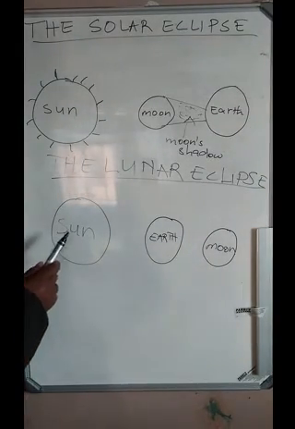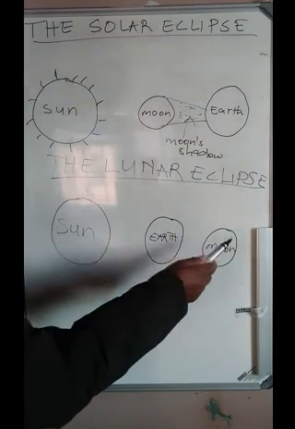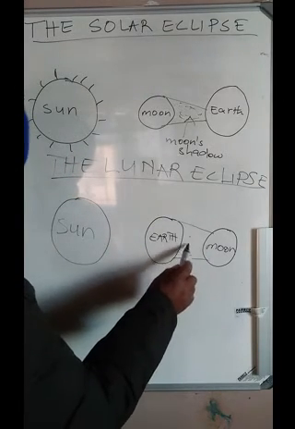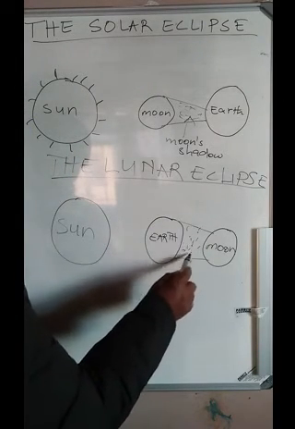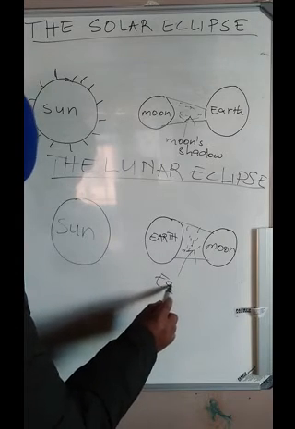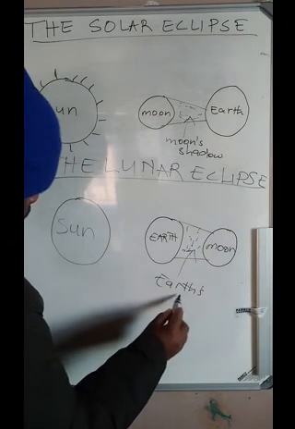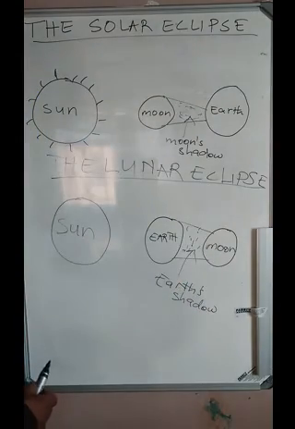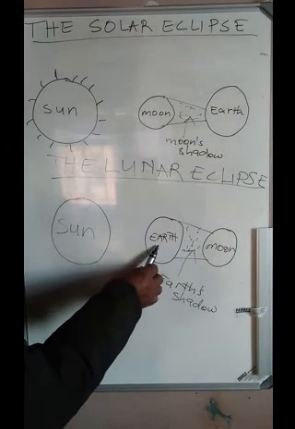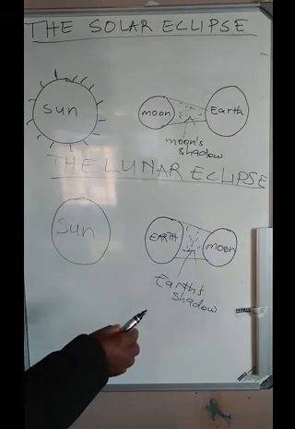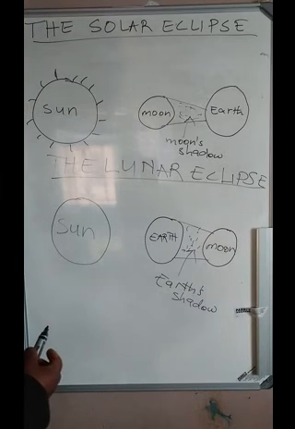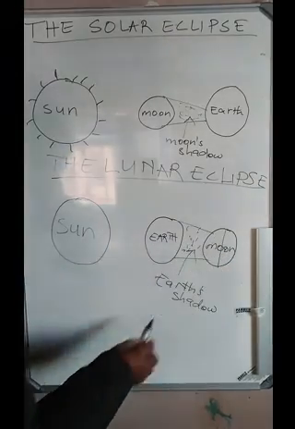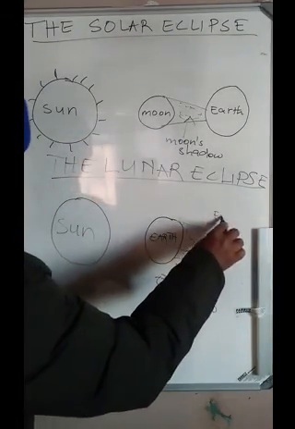So when the sun is trying to give light to the moon, there is the earth. So this is the earth's shadow. The earth's shadow falls on the moon. So when people here on earth look at the moon, it becomes dark, even if it is during a full moon.